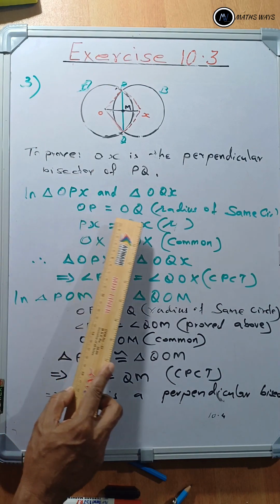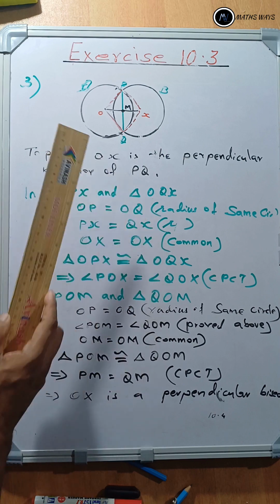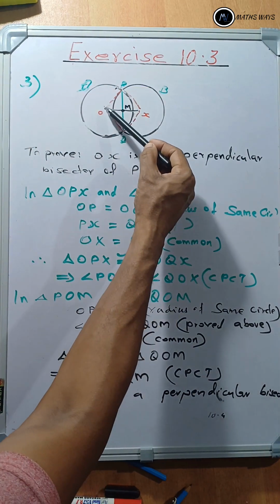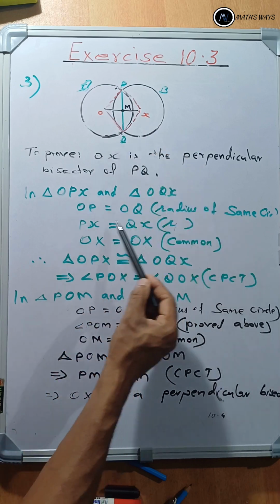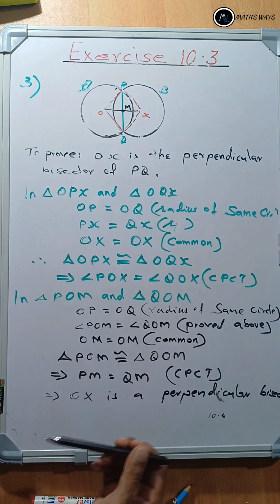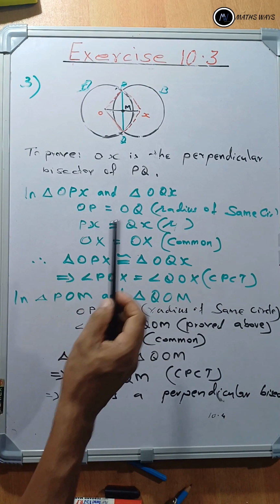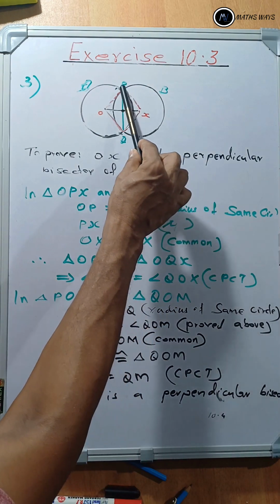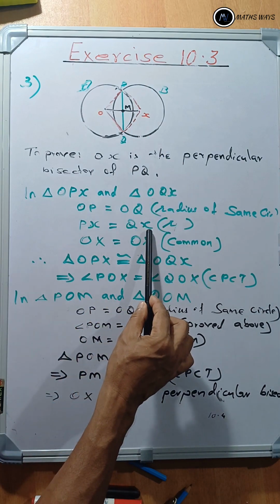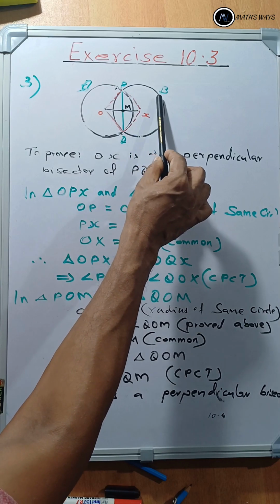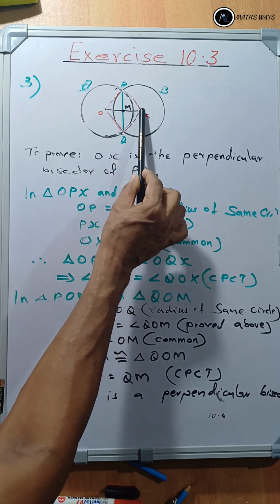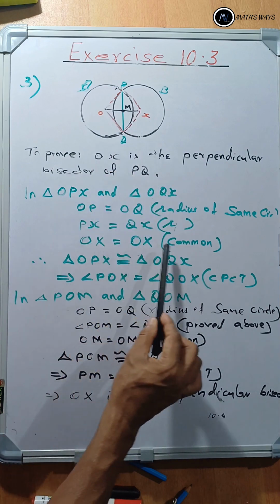OP is equal to OQ, because they are radii of the same circle. Now second, PX is equal to QX, radii of the same circle, circle B. Then OX is equal to OX, that is common.